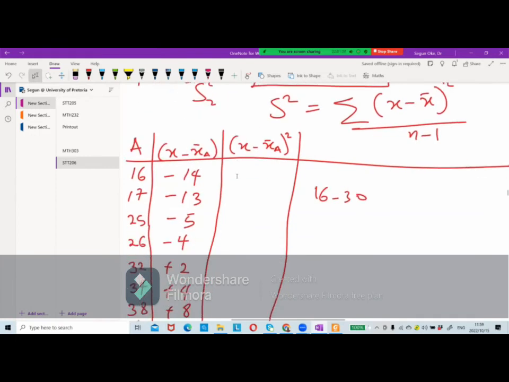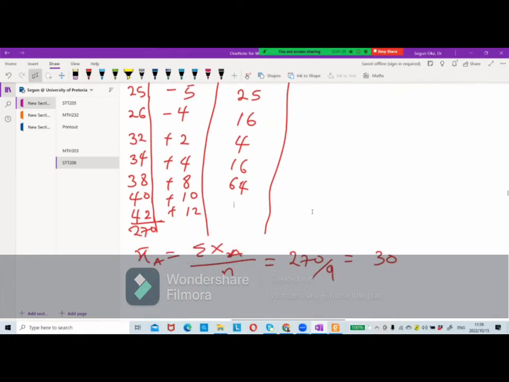So let's now square it one by one. Minus 14 squared will give you positive 196. Yes, next. 169. Yes. 25, 16, 4, 16, 64, 100.